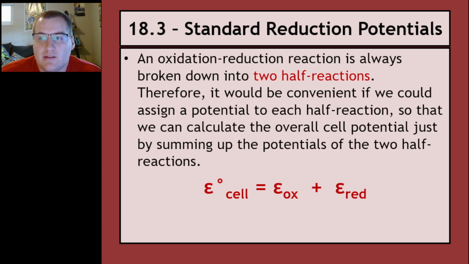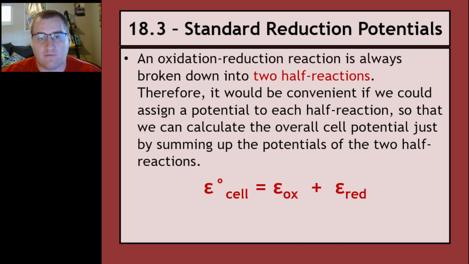All right. So standard reduction potentials. An oxidation reduction reaction is always broken down into 2 half reactions. To balance redox reactions before, we broke them into half reactions, balanced them separately, then re-added them together. Therefore, it'd be convenient if we could assign a potential to each half reaction, a voltage of each half, so that we can calculate the overall cell potential just by summing up the 2 potentials of the 2 half reactions.